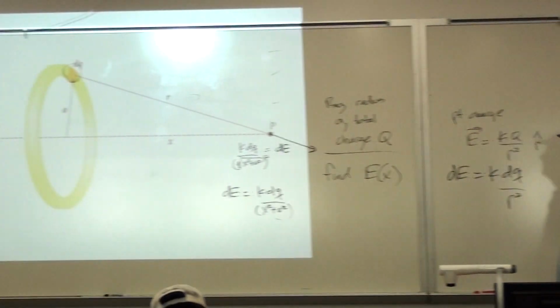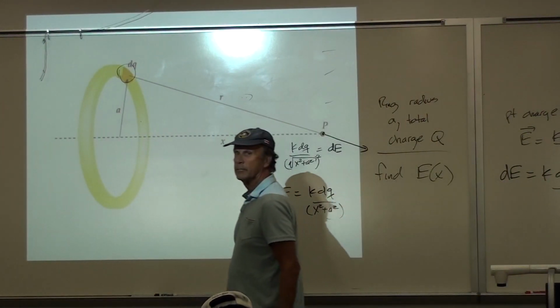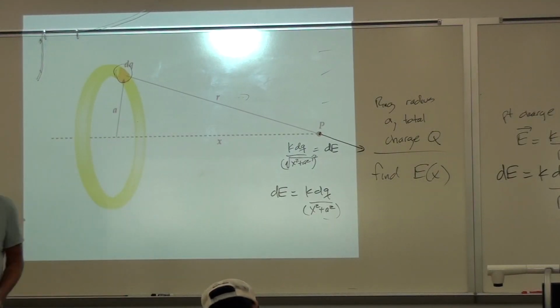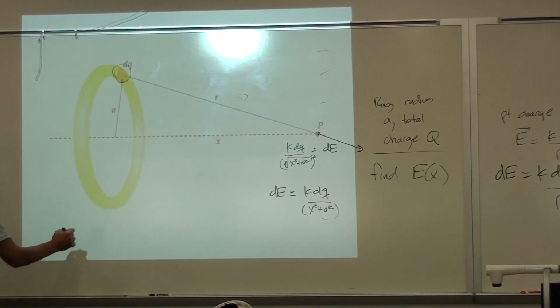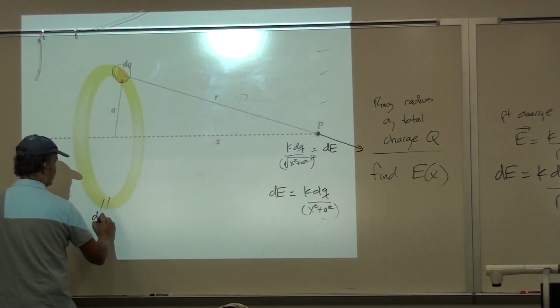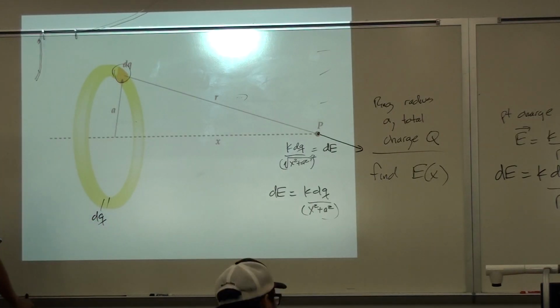Is that the case here in this problem? Do we have different r values? If we start looking at all the little dq's, I'll take one maybe over on this side. Has that got a different r value than that one up there?